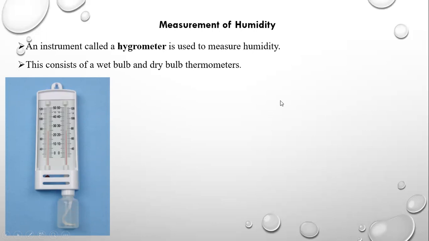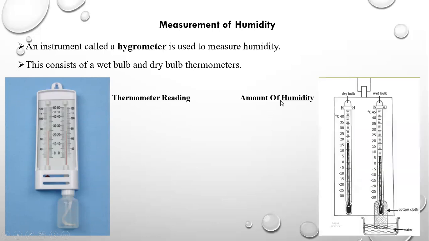A wet bulb thermometer, as you're able to see on one end here, has a cloth which is dipped in water. So the cloth that is in water depicts a wet bulb thermometer. The combination of a wet bulb thermometer and a dry bulb thermometer makes an instrument known as a hygrometer.